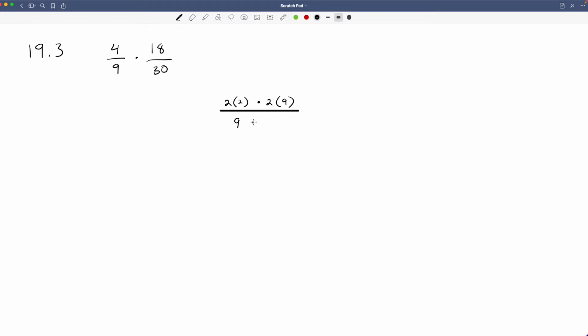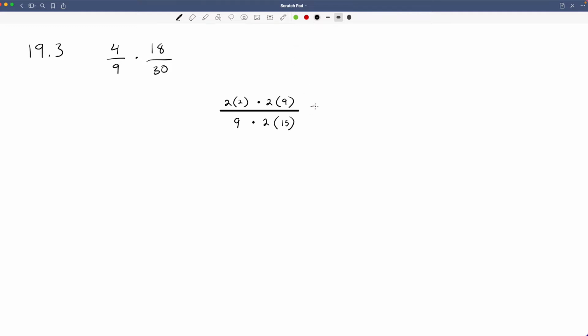And that's being multiplied against 30, and 30 is 2 times 15. You could break that down into 3 times 5 if you wanted to, but there's not a 3 and there's not a 5 up here, so you would end up just multiplying it back together anyway.